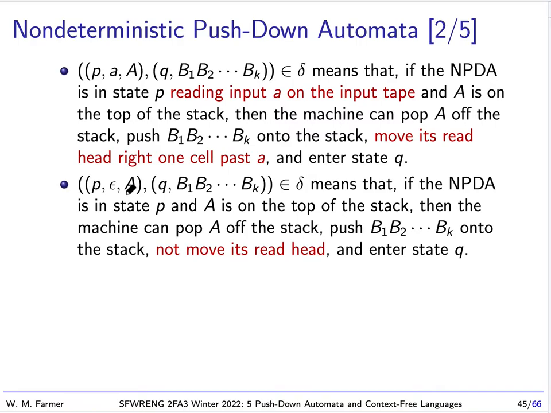We'll pop that off, so we'll pop off A. We'll push on this finite sequence onto the stack. And then we'll enter state Q, but we will not move the read head. So basically, this kind of transition works just like this transition, but we do not move the read head. Here, we're reading A, and then we move one step to the right.